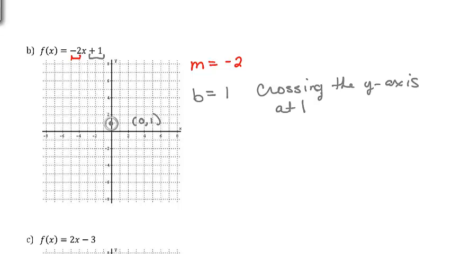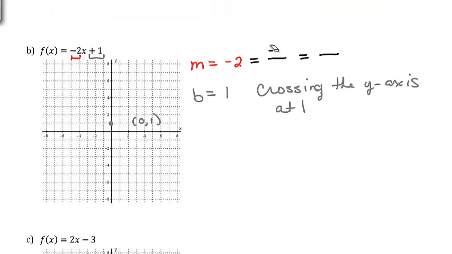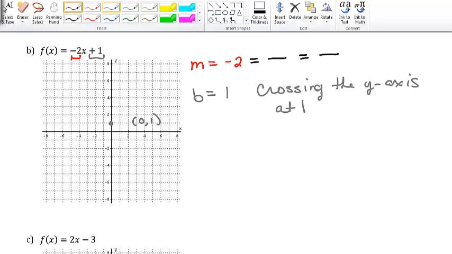And from that point then we can use our slope to get a couple of other points. So when we think about slope, we always want to think about it as a fraction. And so we can think about this slope of -2 as, let me get my blue.